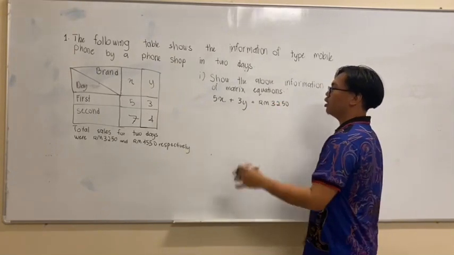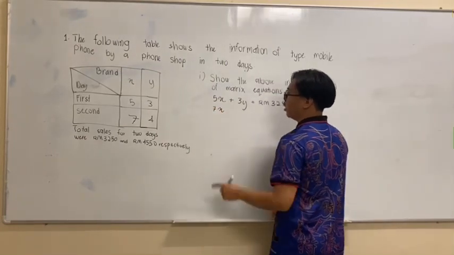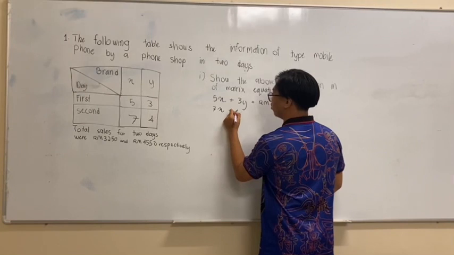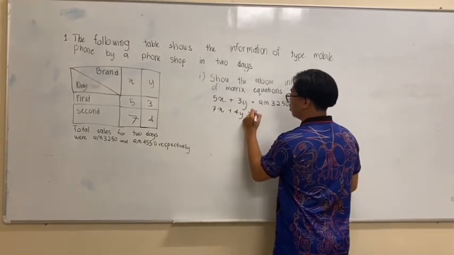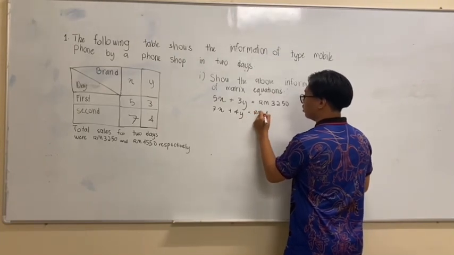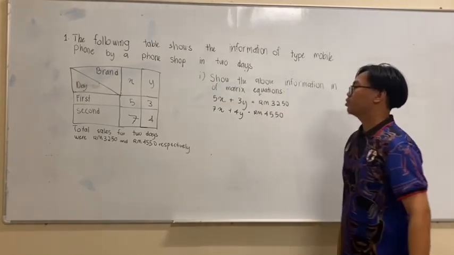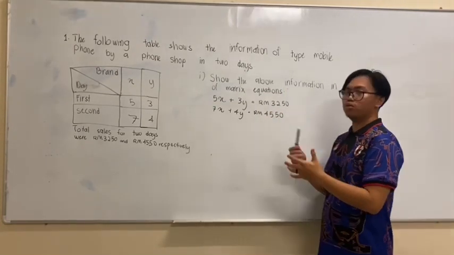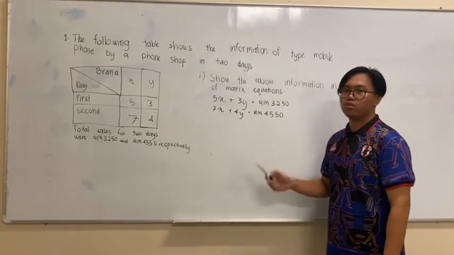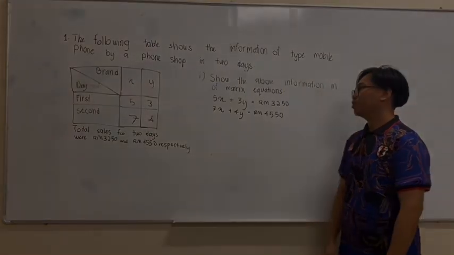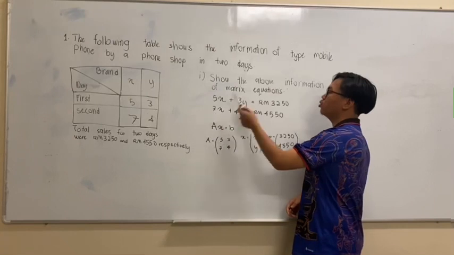On the second day, 7 units of model X and 4 of model Y are sold, with sales of 4,550 ringgit. Now what we need to do is change the linear equations into a matrix equation. Let's see how to solve it.